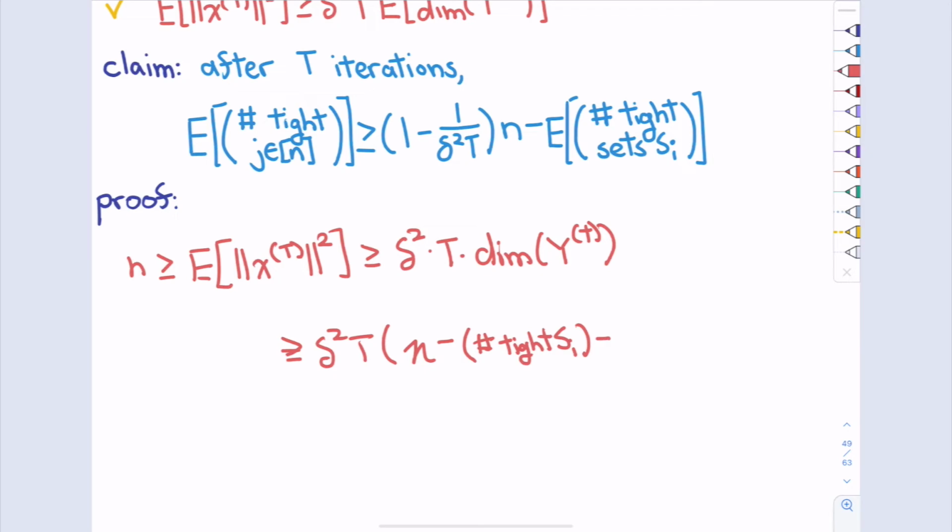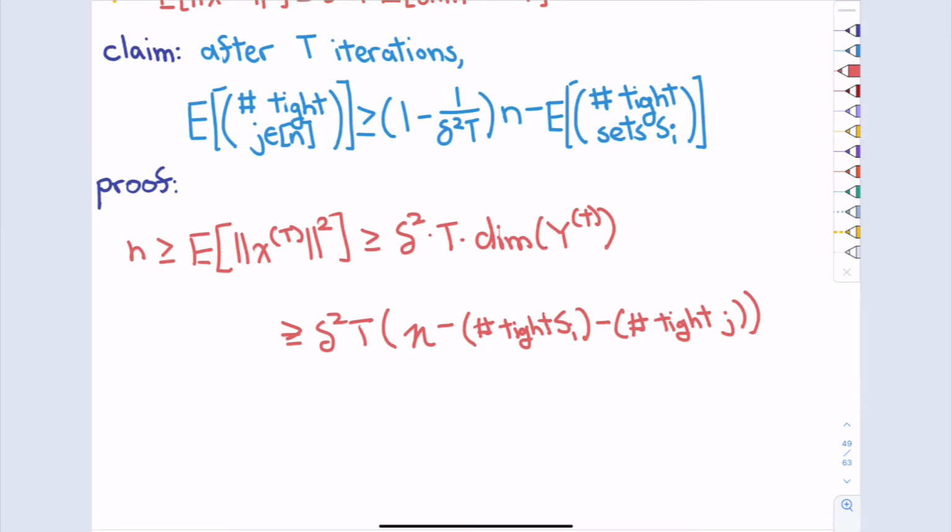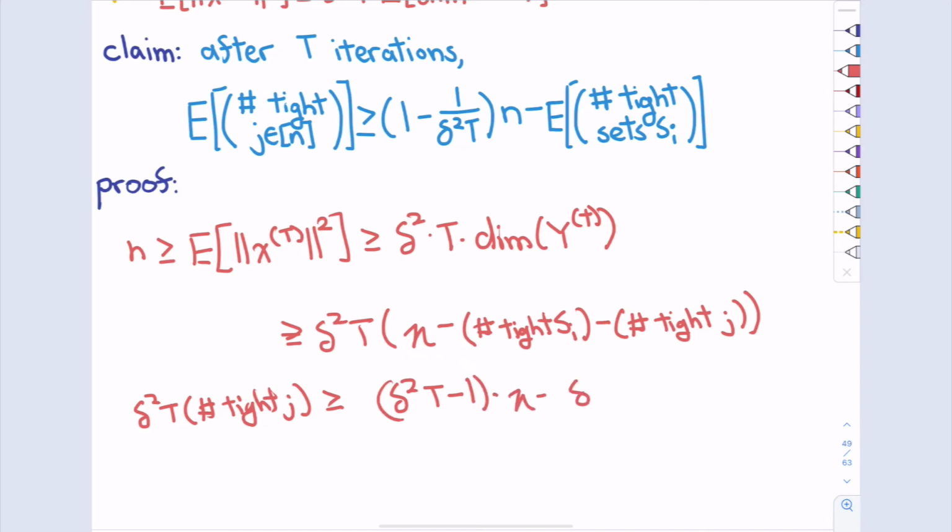And every time you have a tight coordinate, you also lose at most one dimension. So if I start rearranging this, you get delta squared t times the number of tight j's is at least (delta squared t minus 1) times n minus delta squared t times the number of tight S_i.